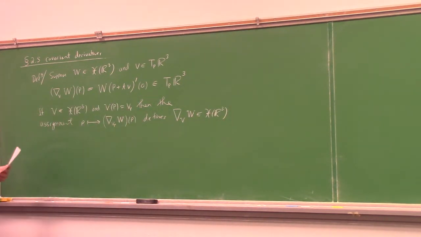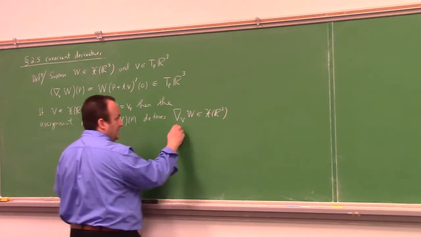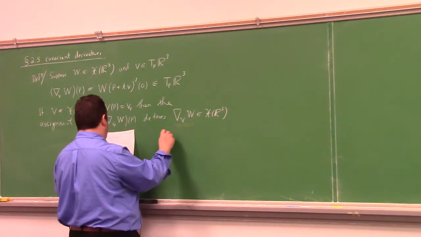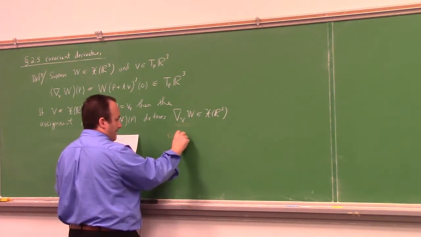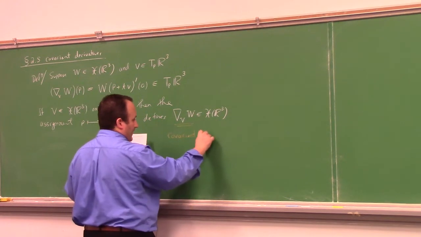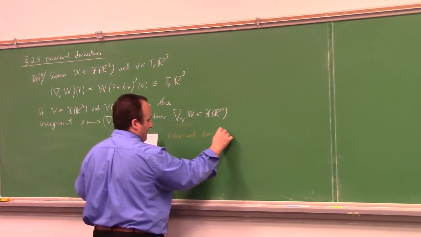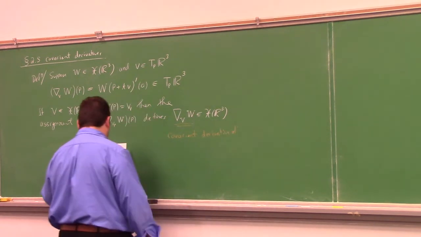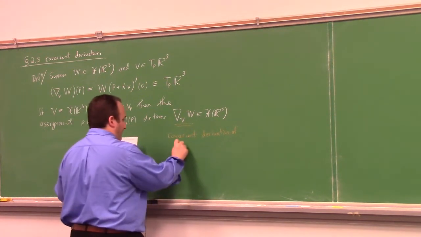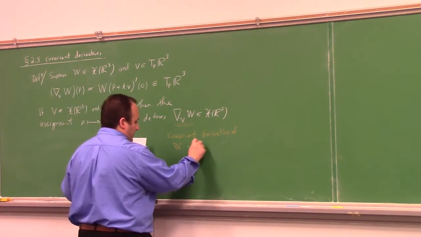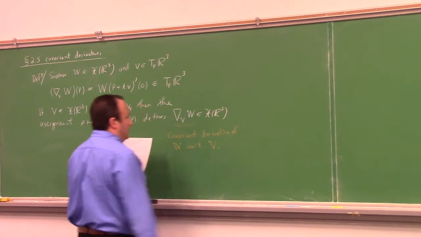And we say that this symbol right here is the covariant derivative of W with respect to V.